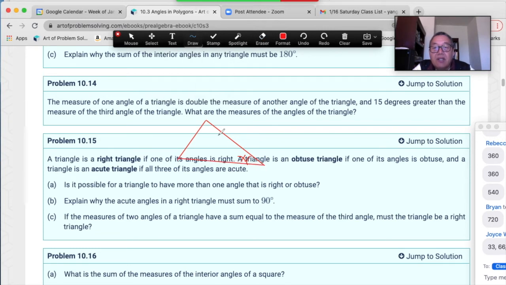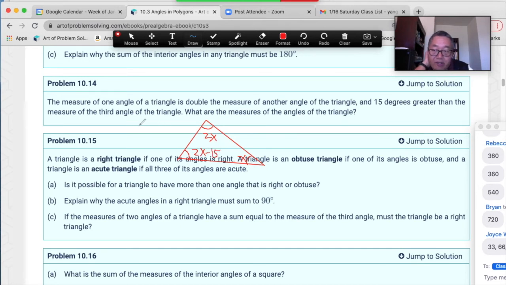Now let's set this angle equal to 2x, and it's 15 degrees greater than the measure of the third one. So this one is also equal to 2x minus 15, right?